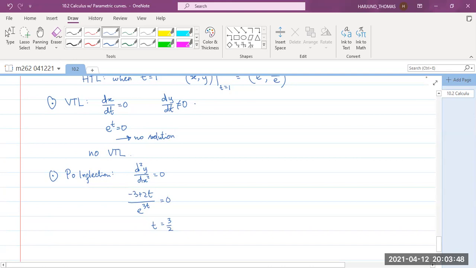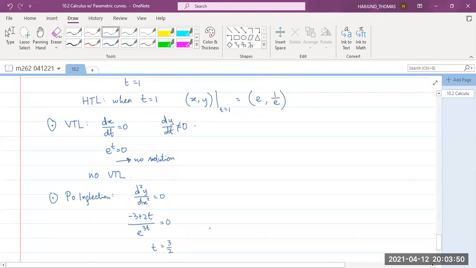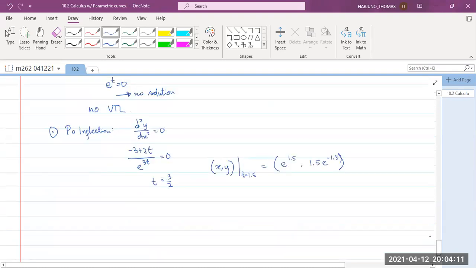So the coordinate x, y, when t equals 1.5 will be e to the 1.5, 1.5 e to the negative 1.5. We can approximate this using a calculator. I'll just do it now, just to estimate.